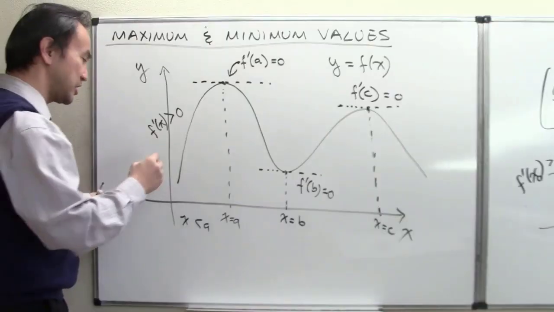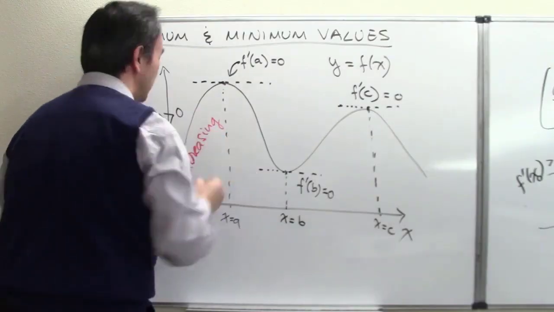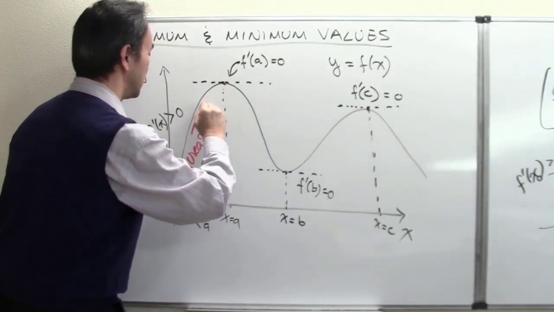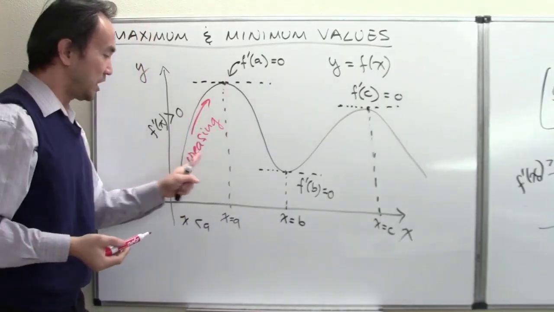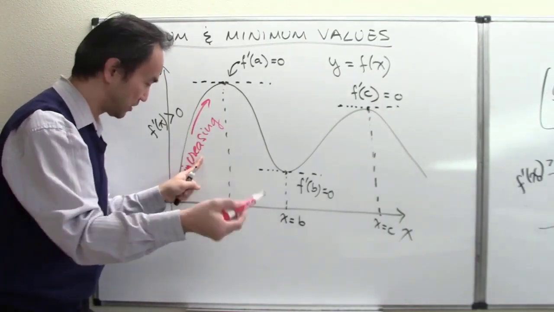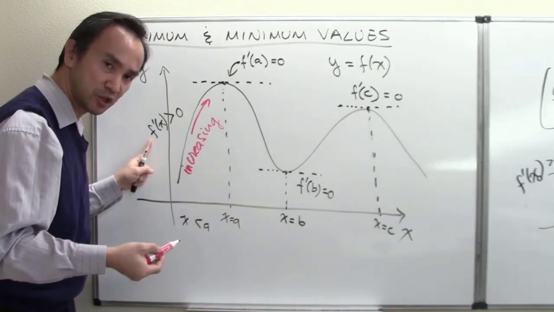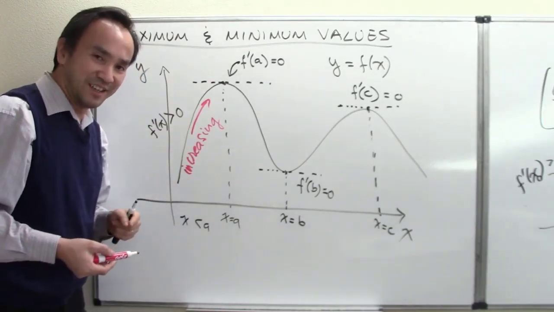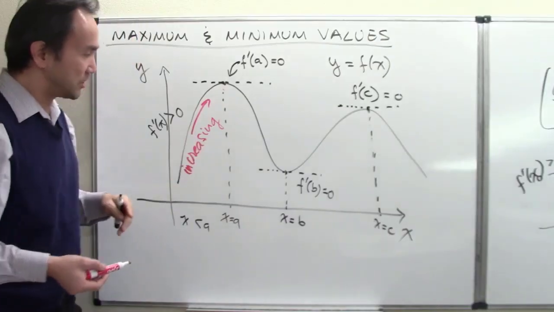So the precise term is that the function is increasing. Increasing means that the slope of the tangent line is positive in an interval. All right, so we start using that term now.